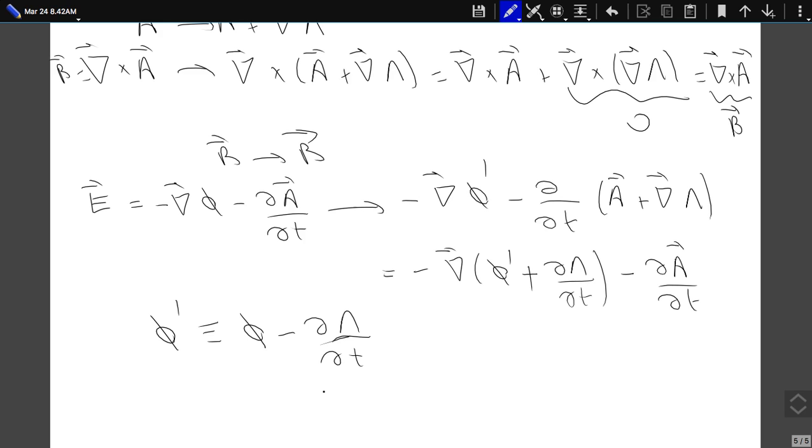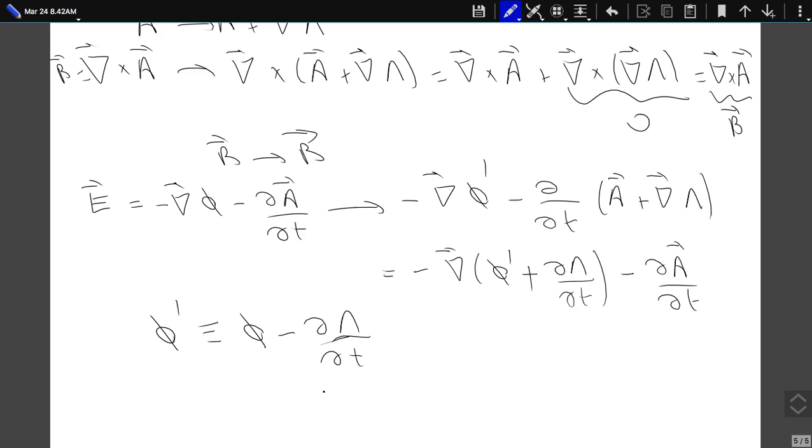Now that gauge symmetry, although it prevents us from uniquely determining A and phi because there are infinitely many of them, gives a freedom that allows me to change the divergence of A without changing the E and B fields. For example, you can set the divergence of A to 0.